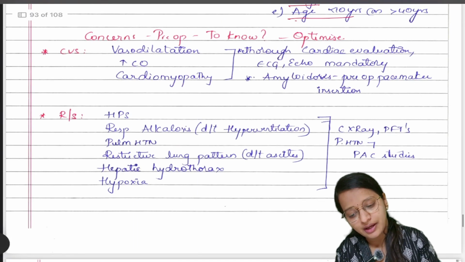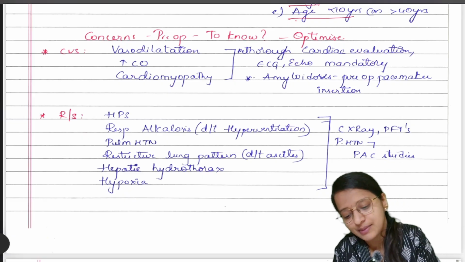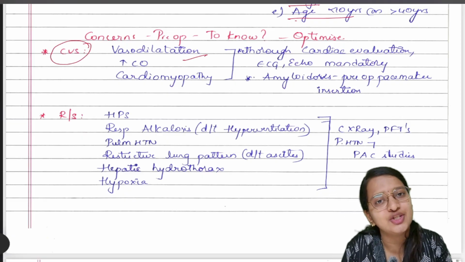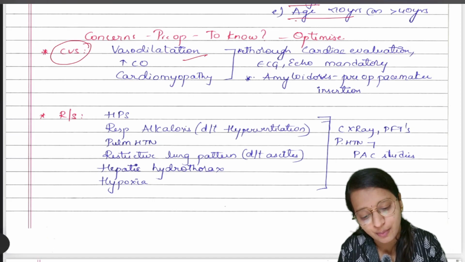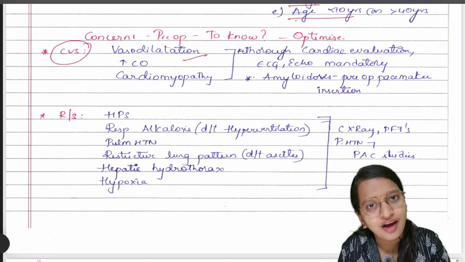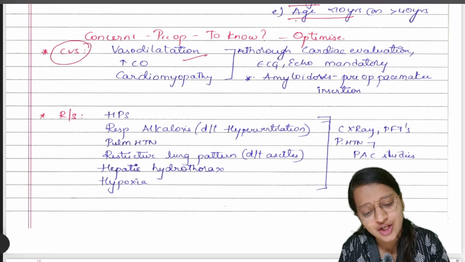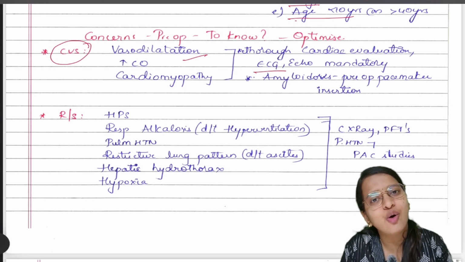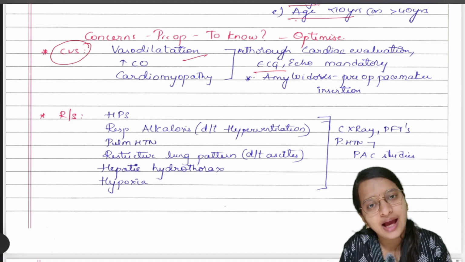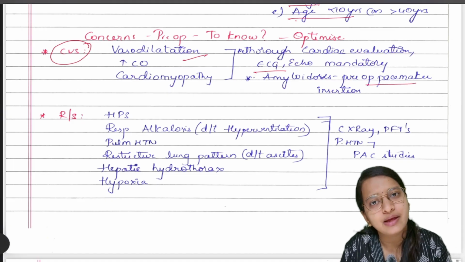So what are my concerns? This we have already discussed. In CVS there will be vasodilation, increased cardiac output and cardiomyopathy. So I have to have a thorough cardiac evaluation; ECG and echo are mandatory. And if the cause is amyloidosis, I have to have a pre-op pacemaker insertion.